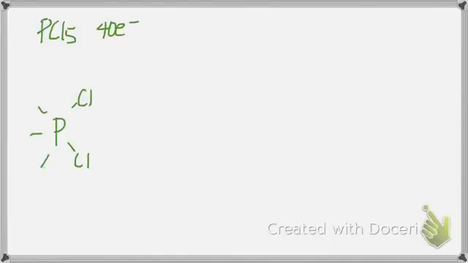So the first one we have is PCl5. That one's pretty straightforward. So we're going to do our PCl5. We're going to have 7 times 5 electrons for chlorine, plus phosphorus has 5, so we're going to need 40 electrons. So then we're going to simply draw our phosphorus and put all of those on there, and then give everybody their lone pairs, and we will have 40 when we do that.